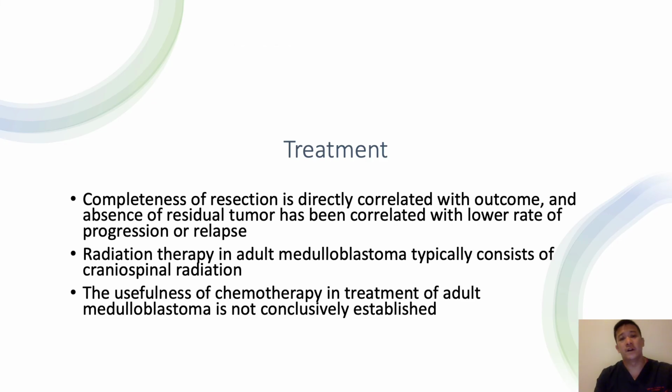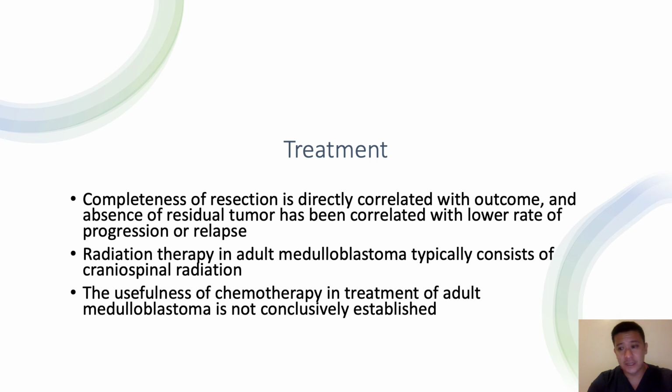So, treatment of medulloblastoma. Completeness of resection is directly correlated with the outcome. An absence of residual tumor has been correlated with lower rates of progression or relapse. Radiation therapy for adult medulloblastoma typically consists of craniospinal radiation because these medulloblastomas are known to affect the spinal cord.